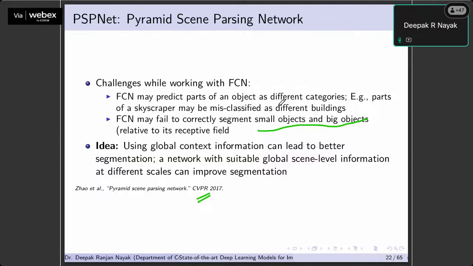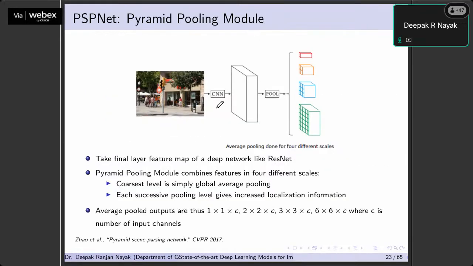So they thought of introducing a pyramid scene parsing network, which consists of a pyramid pooling module, designed to extract features at different scales, from the coarse scale to the broader scale.